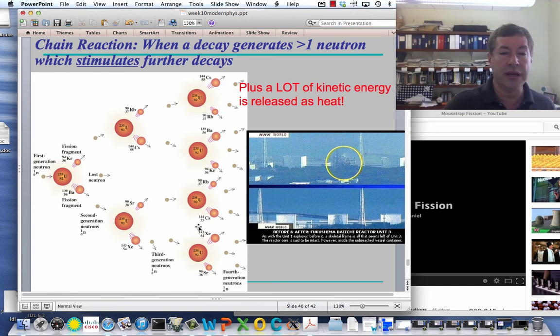And then what happens? We could have, for example, this krypton barium fission, that's just the same one that I started with here, releases 3 neutrons. This cesium rubidium one releases 2 neutrons. Some of these release 2 or 3 neutrons. See what's happening?